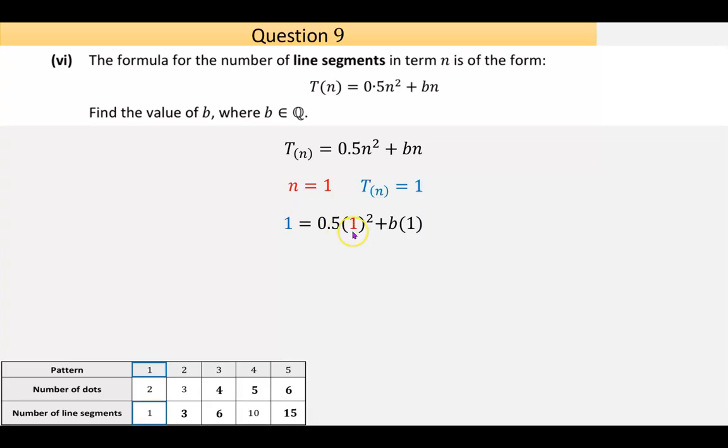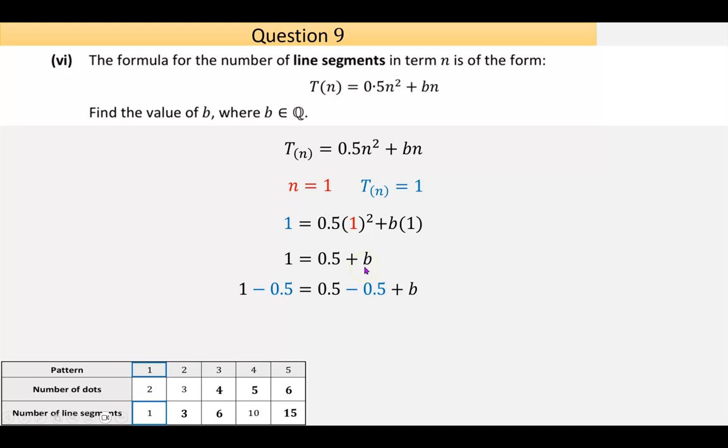Now, when I substitute the numbers in, instead of the t of n, I put 1. Instead of the n, I put 1 in, but it's in 2 places. If you look at it, this is an equation of one unknown, so this is solvable. I can go ahead and remove the brackets by multiplication. So 1 squared is 1 times 0.5 is itself, and 1 times b is b.